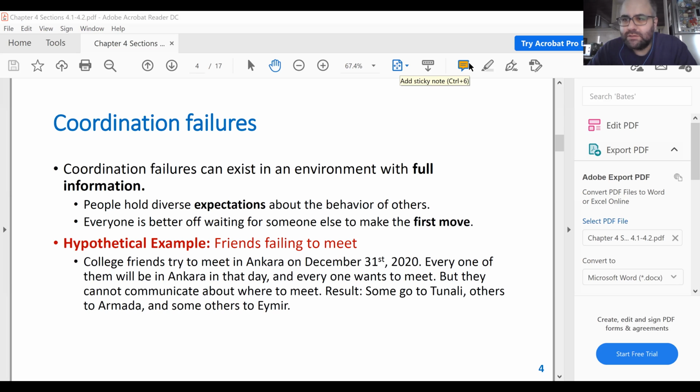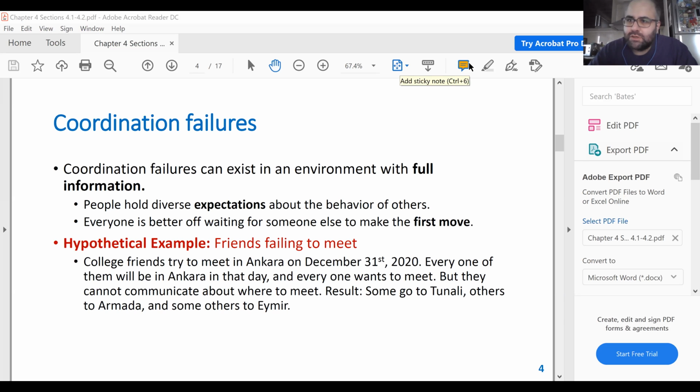For some years, they didn't meet in person, so it's a good occasion. The New Year's party is a good occasion to meet, and everybody knows everybody will be in Ankara. Okay, but they cannot communicate about where to meet. Okay, for some reason, since this is a hypothetical example, they cannot talk to each other.